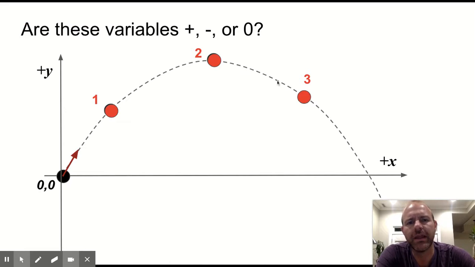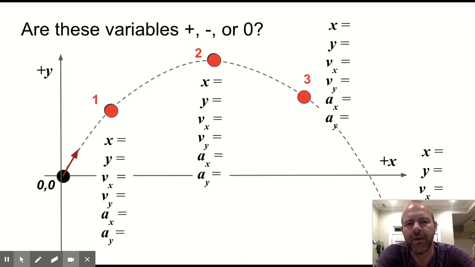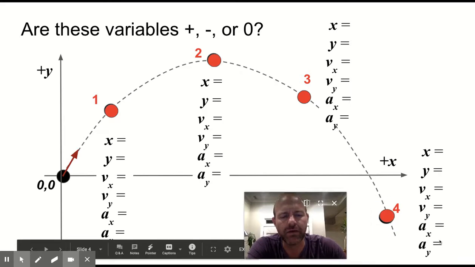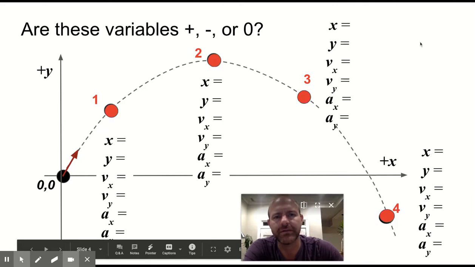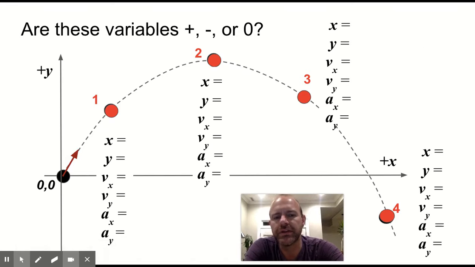When something is going in a trajectory like this, you might think about all the possible things that you could measure. And there are a lot of them, so it can get a little bit overwhelming if you're not paying a ton of attention. So the first thing to do is to get a sense of, if up is positive y and to the right is positive x, which of these variables are positive or negative?